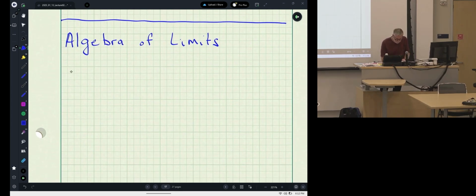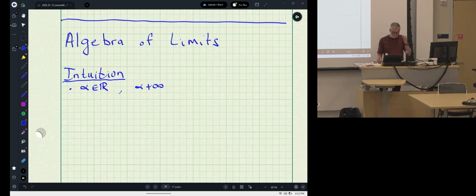Okay, so let's do some intuition. If I take a real number, I'm going to use Greek letters, and I add infinity to it, what should I get?